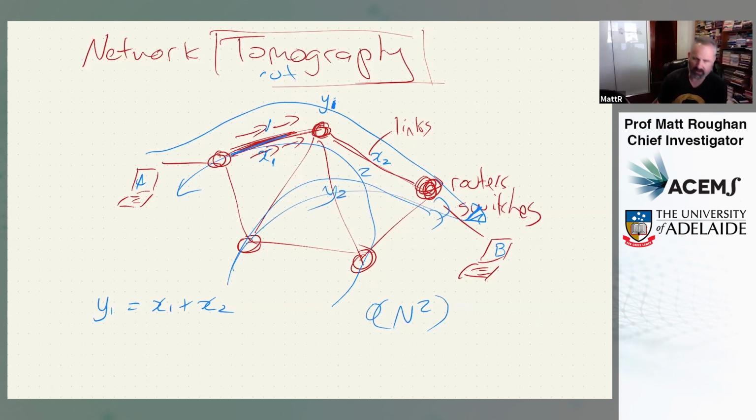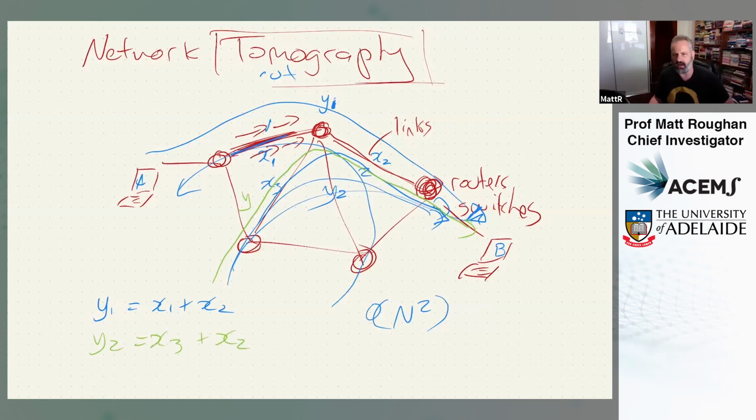So let's make this Y2, and this is going over links X3 and, let's make it more clear, X2. Right, let me do it in a different color. So let me make this Y2, then Y2 is equal to X3 plus X2.